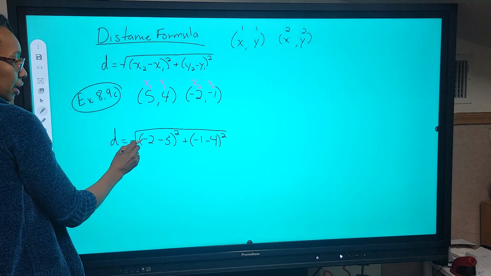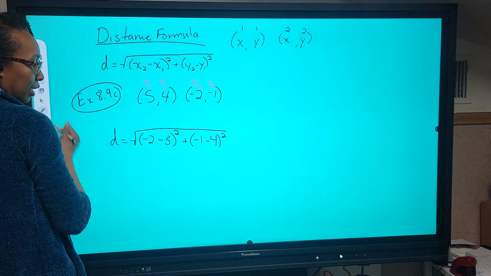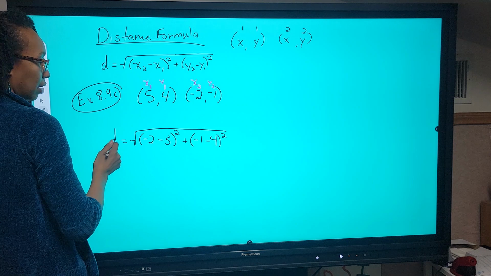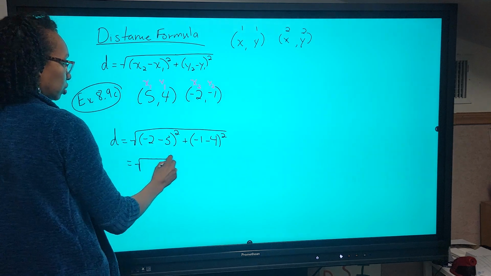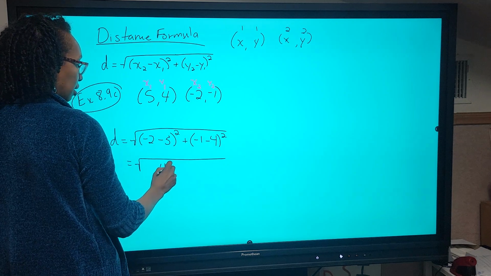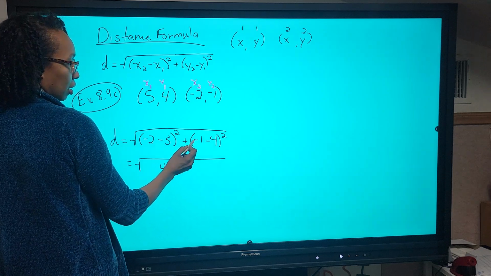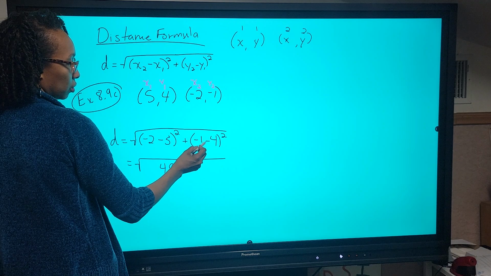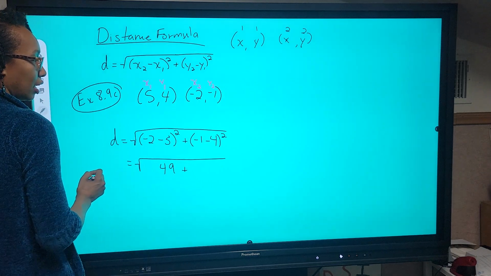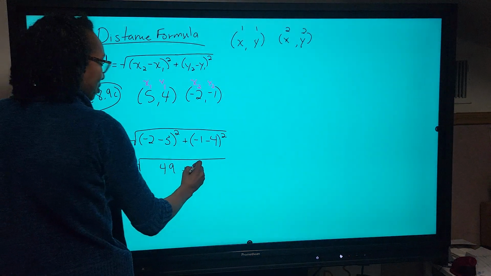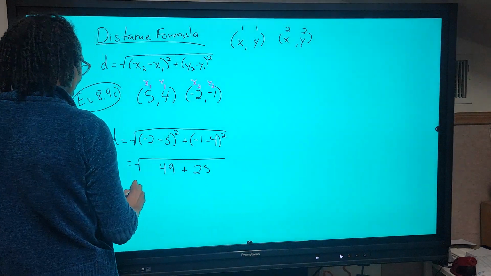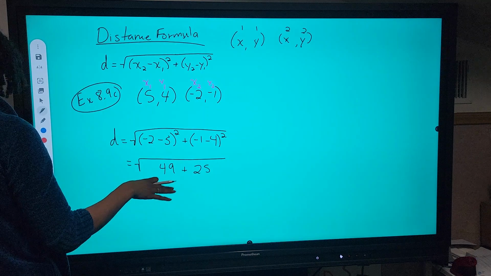All right, so we've got -2 minus 5, which gives us -7. -7 squared will give us a positive 49. -1 minus 4 will give us -5, and -5 squared is a positive 25. We add these together before we take the square root.